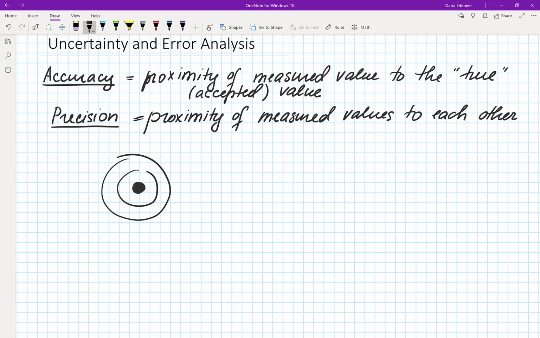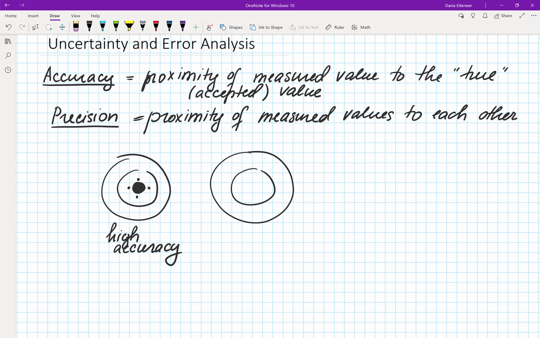So let's say that I throw a bunch of darts and I hit the target like so. Not quite at the bullseye, but pretty close, right? So this is what I would call high accuracy. Okay. I'm going to draw another target here. I'm going to repeat this experiment.